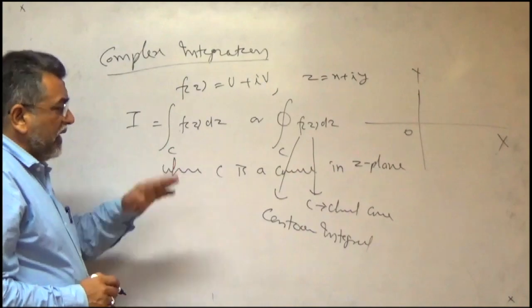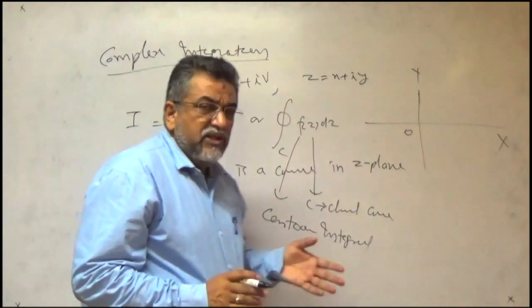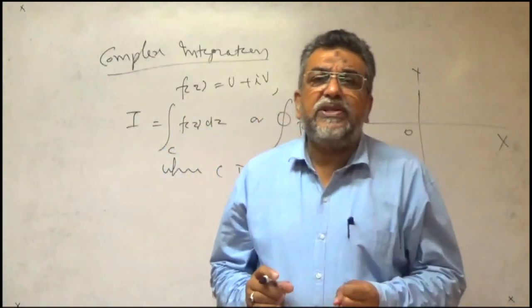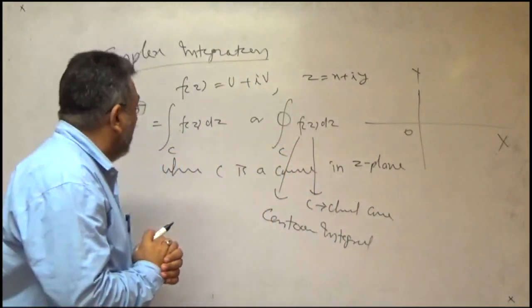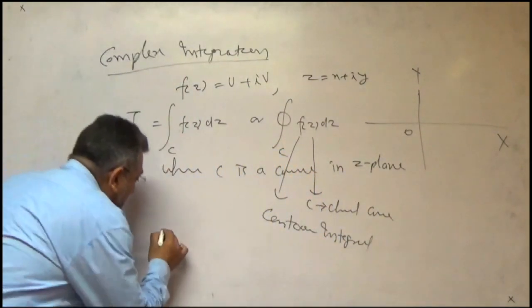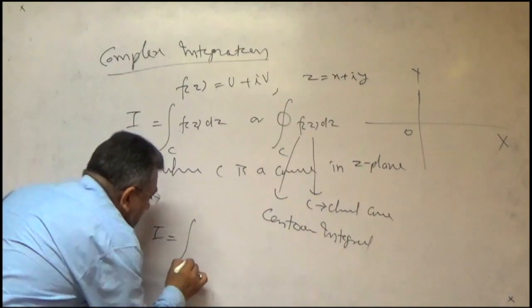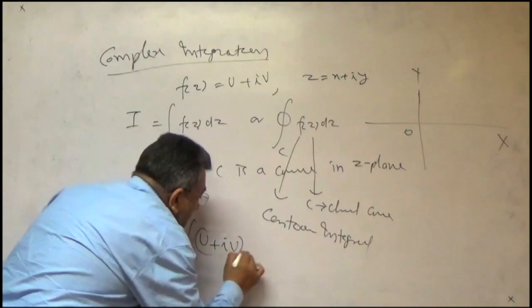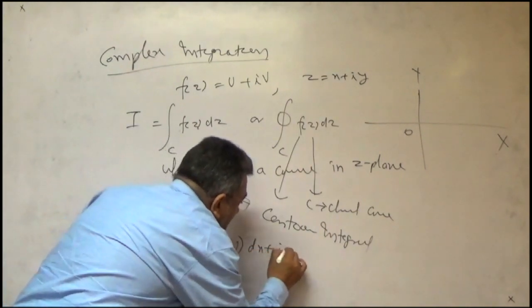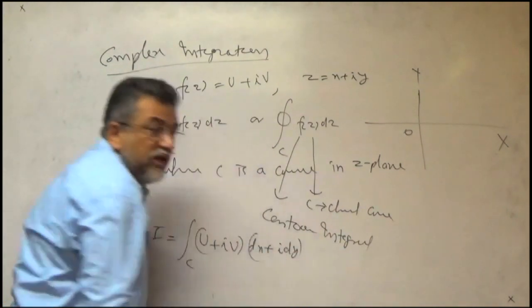This is the path. Naturally, from this you can see that the complex integral is a type of definite integral because it is along the path. So we can open this complex integral in notation, because you know that f(z) is equal to u plus iv, and dz means dx plus i dy, because z equals x plus iy.